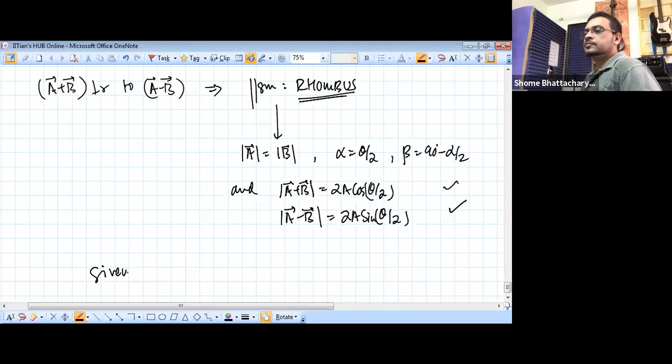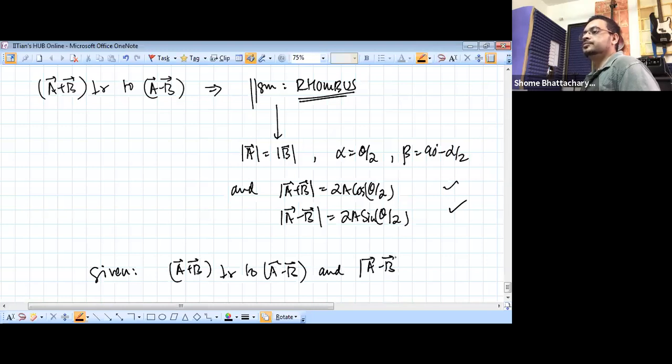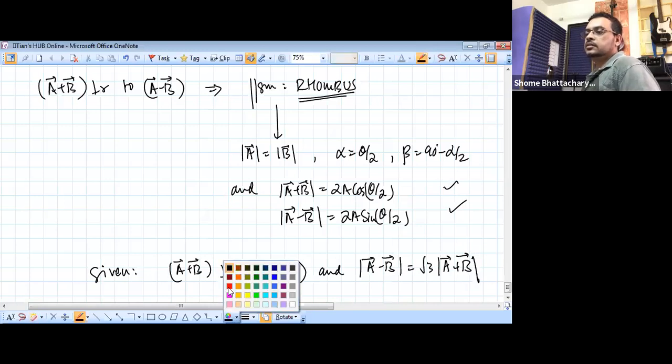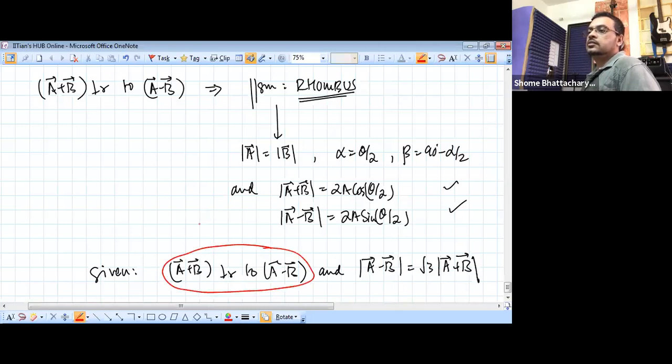Now, the question says that not only is A plus B perpendicular to A minus B, but it is also given that mod of A minus B is root 3 times mod of A plus B. To make sense of this in terms of the relationship between the vectors A and B, the fact that the diagonals are perpendicular has already told you that the vectors are of equal magnitude.